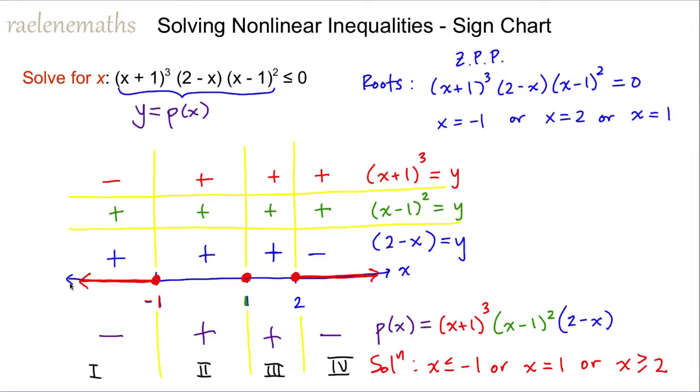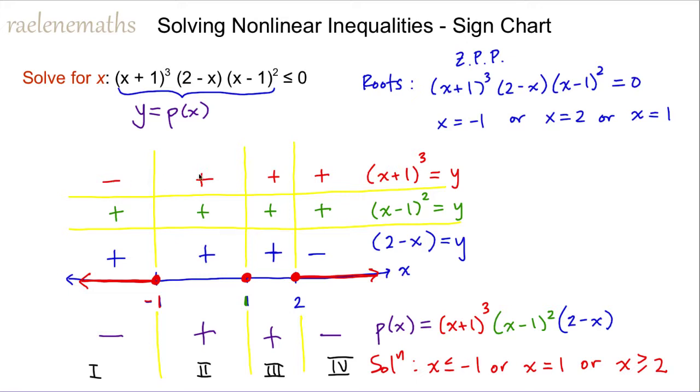This is the working out and I used the x-axis to record the three roots of the polynomial, the three zeros, and then we created three factors along the side plus the four regions created by three cuts on the x-axis, which gave us 4 times 3, which is 12 cells.